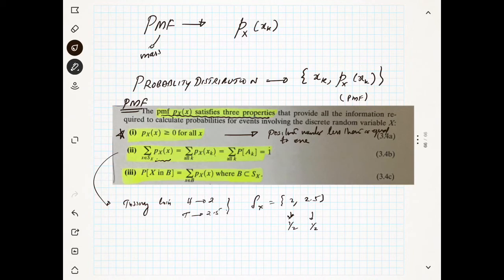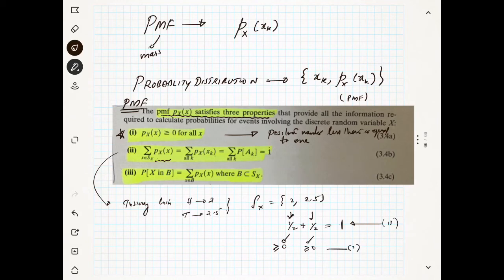Now if I add all these probabilities, I will get 1. Everything is greater than or equal to 0. This is the first point, and the second point is that if we add all these, we will get 1.